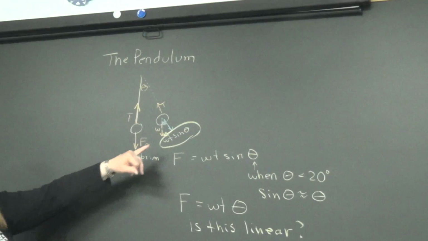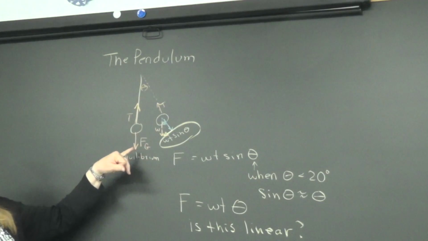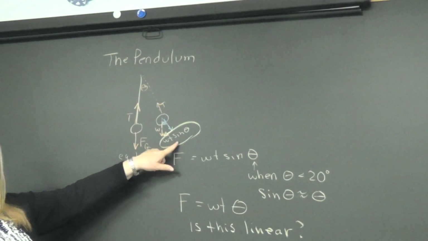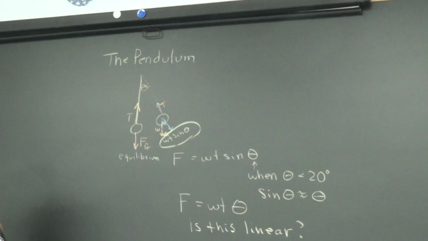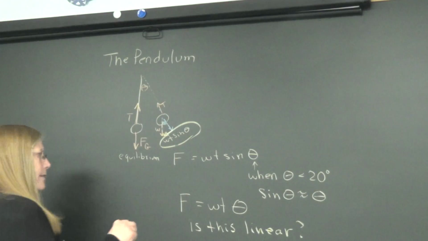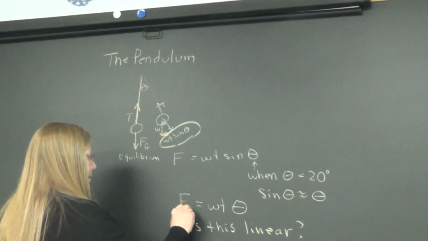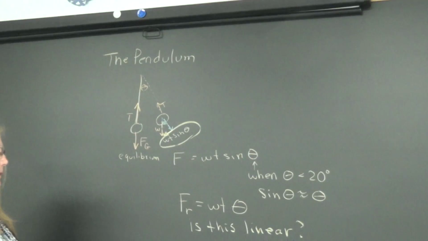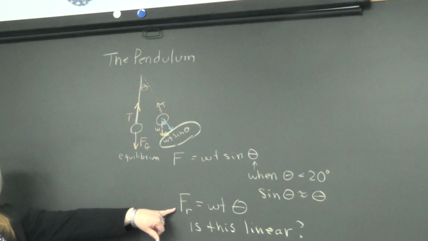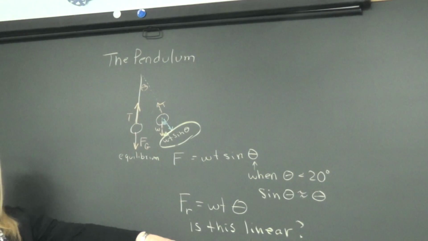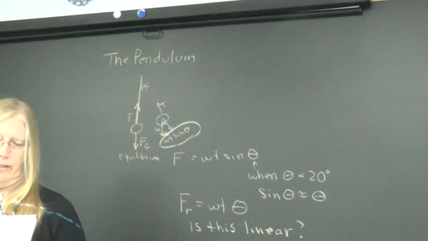So if there's a force trying to get back to the equilibrium, which this weight sine theta is, what do we call those kind of forces? We gave it a name for the mass spring system, MD? Restoring. Right, so this is a restoring force. So I put a little R there for restoring. So the restoring force is a linear relationship.